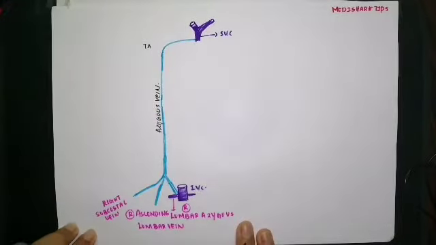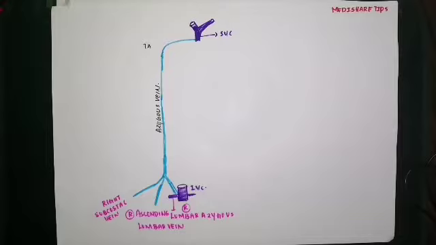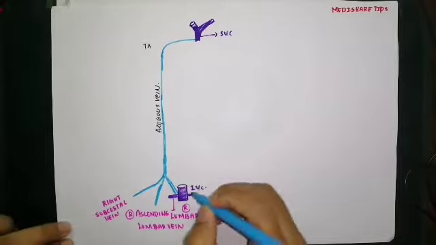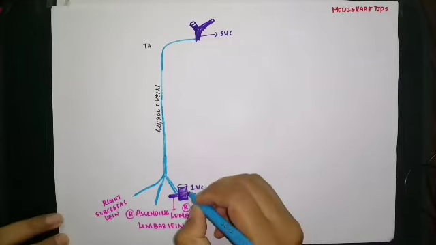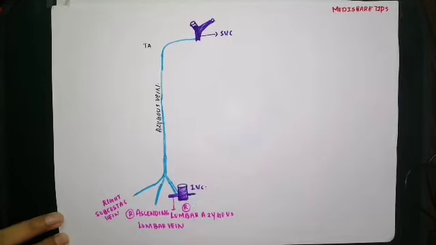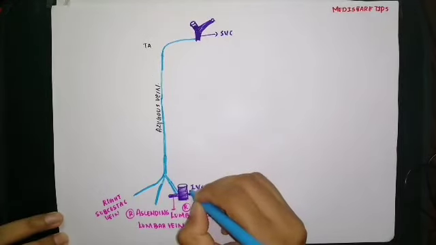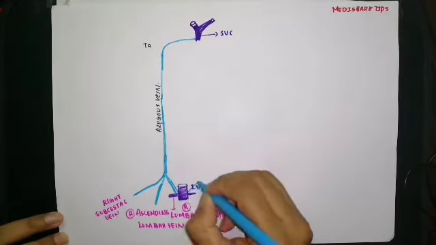Now we will discuss the Hemiazygous vein. So we will discuss the formation of the Hemiazygous vein. This vein is on the left side. It is formed similarly by the union of three veins, that is the left lumbar Azygos.